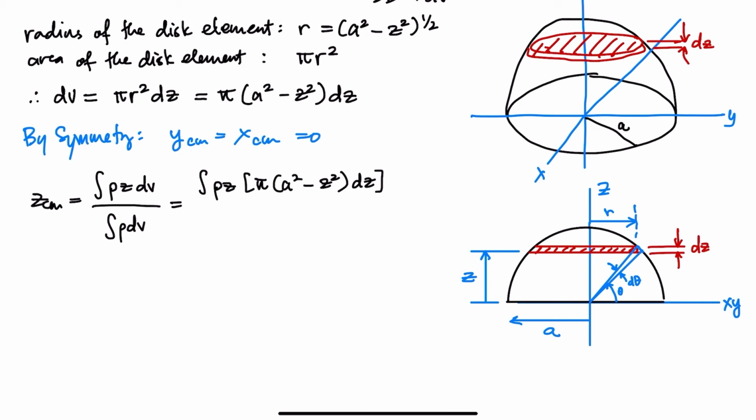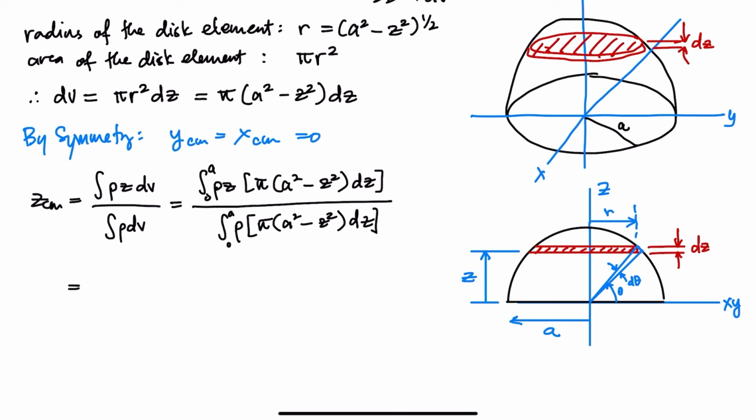where the integration will happen from 0 to a because this distance is a. So this is from 0 to a, and then divided by the integral of rho times dV, which is pi times a squared minus z squared dz, integrated from 0 to a again.